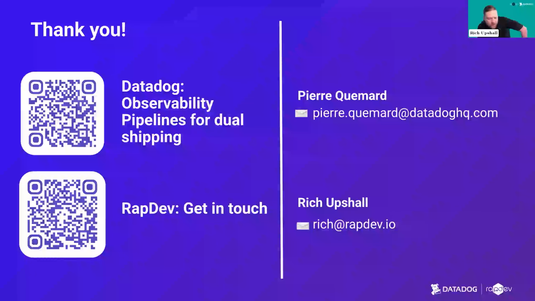How do you ensure that there is no data loss when migrating from Splunk to Datadog with differences in indexing and retention? That is a great question, and something that organizations tend not to think about. The way that we do it at RapDev is typically we will dual ship data for a period of time. So we'll leave Splunk up and running.